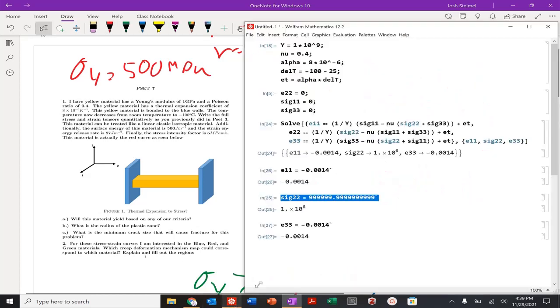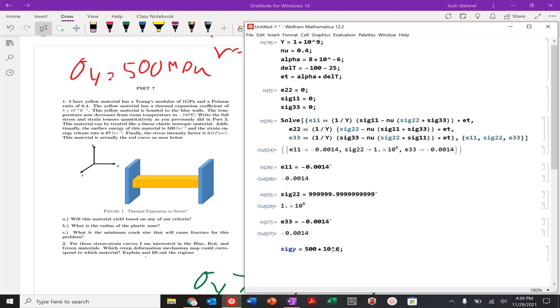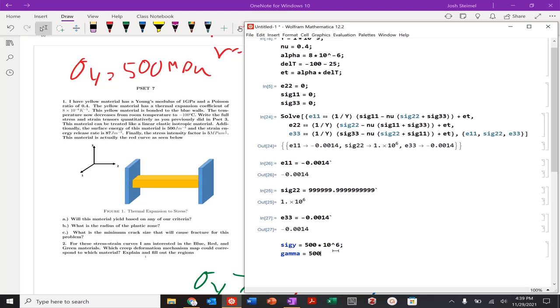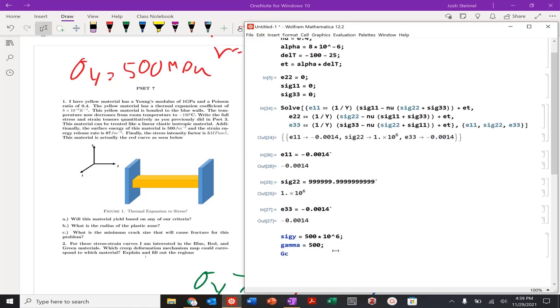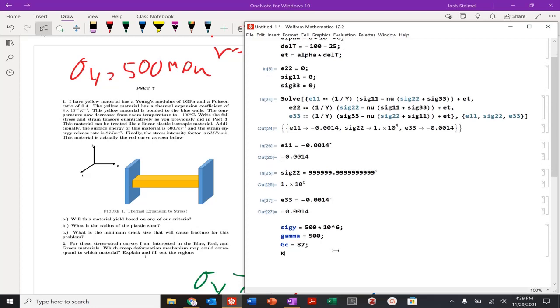I'm going to write that down: sig y is equal to 500 times 10 to the 6. I'm also given that my gamma is equal to 500. My strain energy release rate GC is equal to 87. And finally, my K1C is equal to 5 times 10 to the 6.